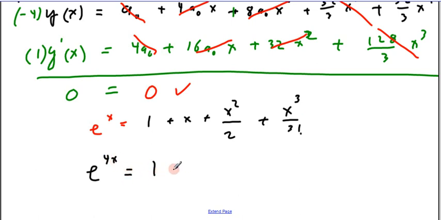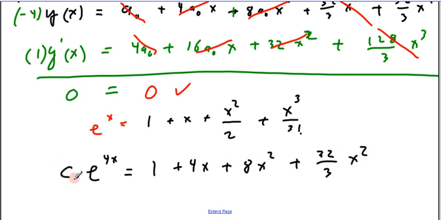That's going to be 1 plus 4x plus 16 over 2, 8x squared, plus 4 to the third, 16 times 4, divided by a 2, 32 over 3x squared. And we said that it was going to have a constant in front of it, so it's going to have C1 in front of it like that.